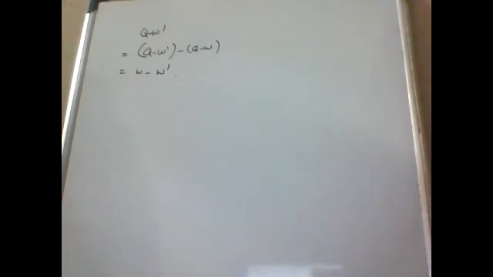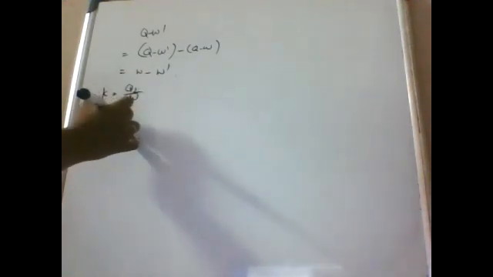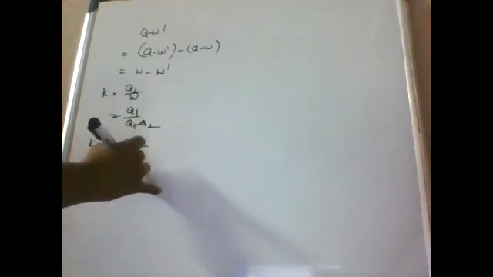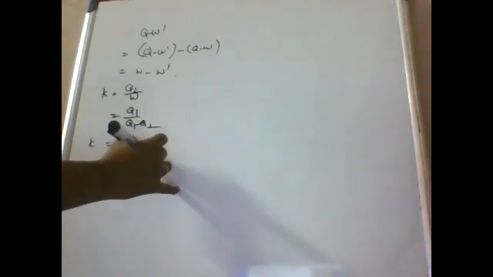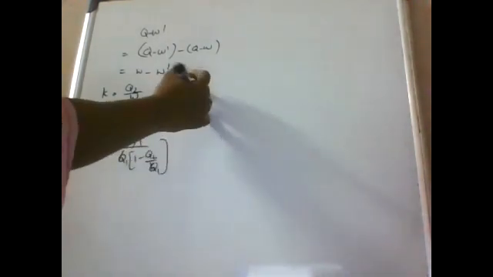Then the coefficient of performance K equals Q2 by W. Then Q2 by, we can write, Q1 minus Q2. From this equation, if Q1 is common, we get 1 minus Q2 by Q1. Then Q1 gets cancelled.